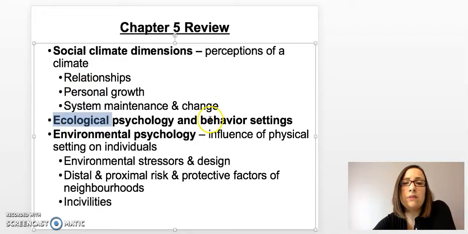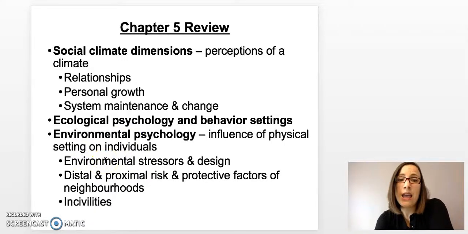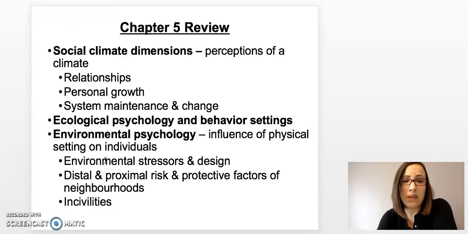We then looked at the behavior settings associated with ecological psychology. And last, we looked at some important concepts that environmental psychology uses to understand how people are affected by the communities in which they live. So this is going to be the end of your Chapter 5 lesson. We will pick back up in Part 3 on your Chapter 6 lesson.